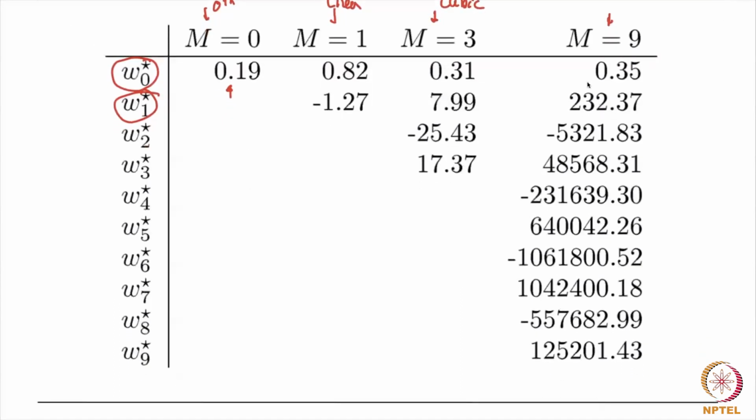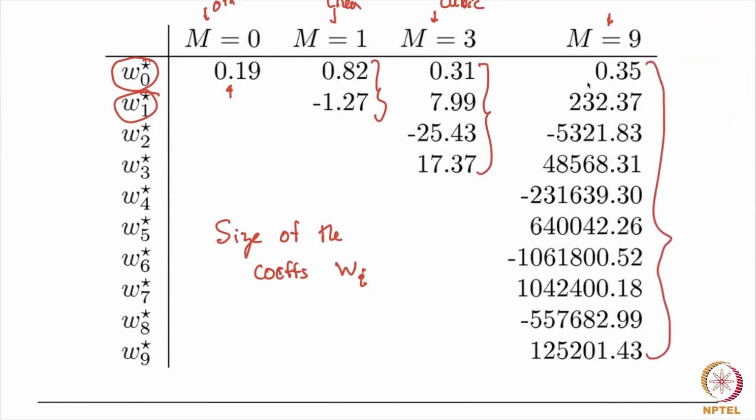Notice a certain phenomenon. Look at the size of the coefficients, or of the parameters Wi. So these two are well balanced. These slightly start varying. This travels a huge order of magnitude.